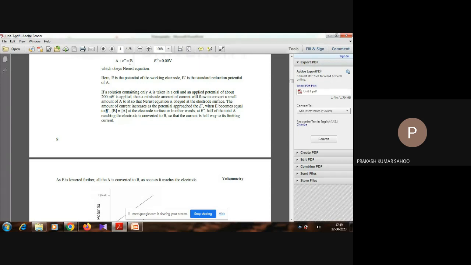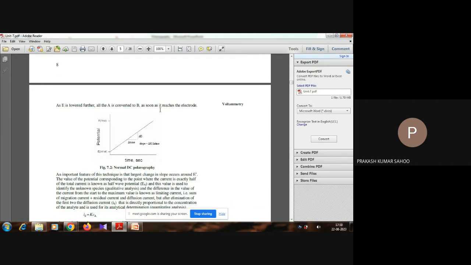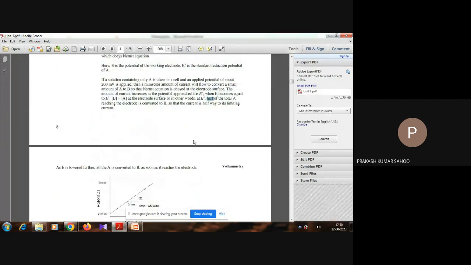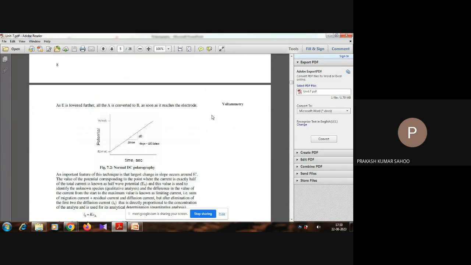The concentration of B equals the concentration of A. So this situation arises when half of the total A reaching the electrode is converted to B. This is known as the half wave potential. It is also called the half wave potential.